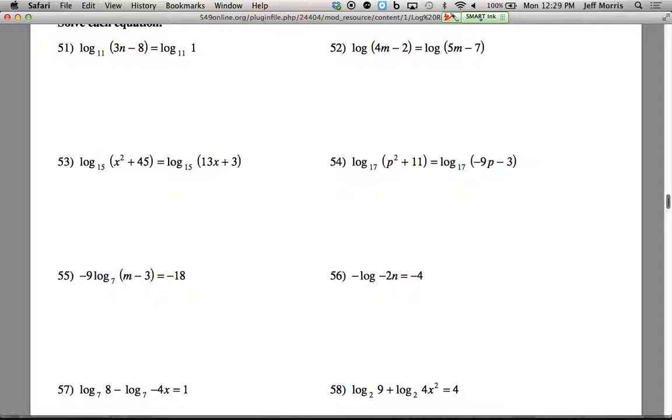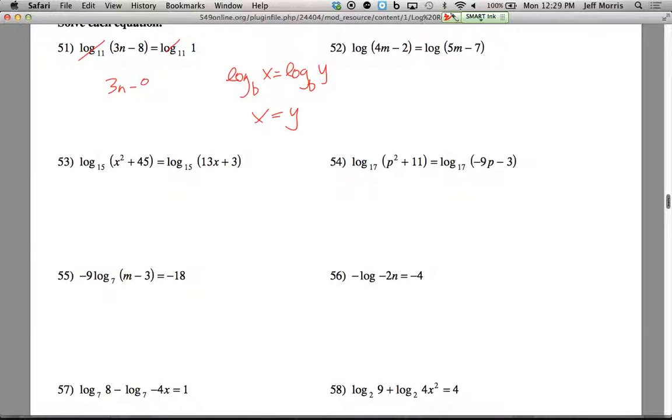Now, if logs are on the same side, watch how easy this is. You can use a property of logs. You can go log base b of x equals log base b of y, and you can drop the logs and just say x equals y. So we're going to drop some logs. 3n minus 8. Don't take it any further than that. Take a look at number 51. You can drop the logs.